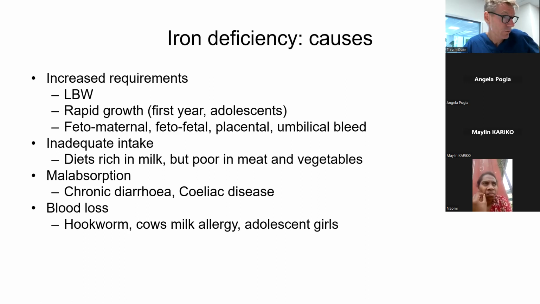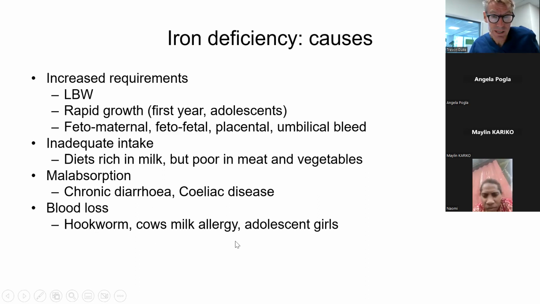Blood loss is a common cause of iron deficiency, and it usually is coupled with nutritional deficiency. So you've got children who have hookworm infestation and also have nutritional iron deficiency. The coupling of those two conditions is probably the world's most important cause of anemia and iron deficiency.